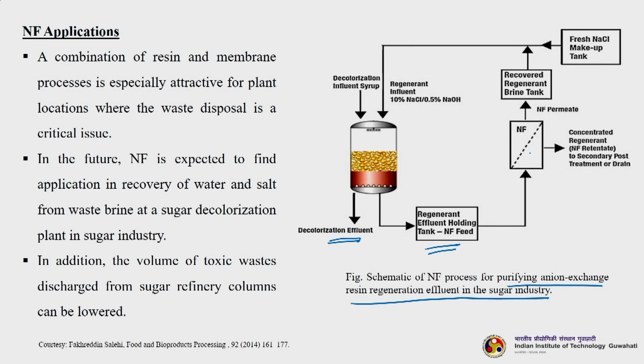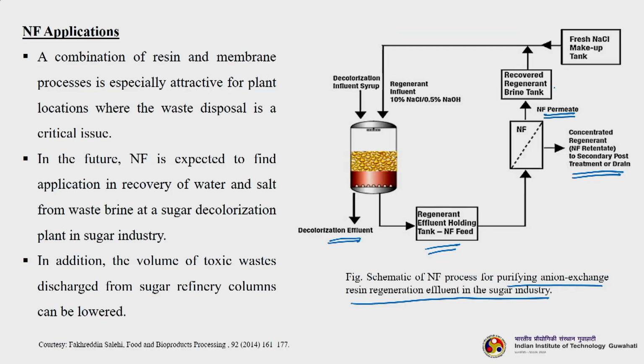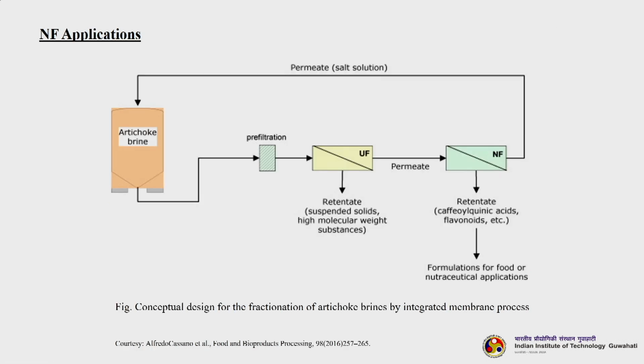It goes to the nanofiltration system, where you get the concentrated regenerant, which is the NF retentate, going to secondary post-treatment or to drain. You can just use it again, as I told you, for watering the garden and other non-culinary purposes. The NF permeate is nothing but the recovered regenerant brine, which goes and is stored in the tank. This will be recycled back. So, this is another application.